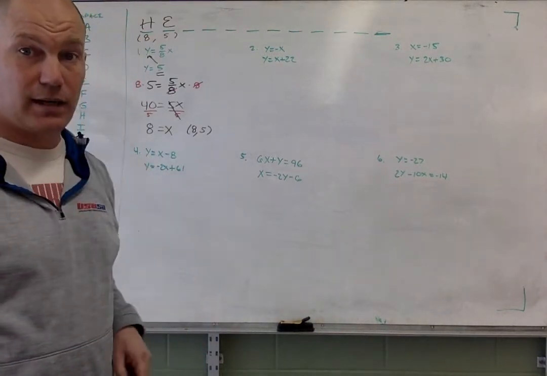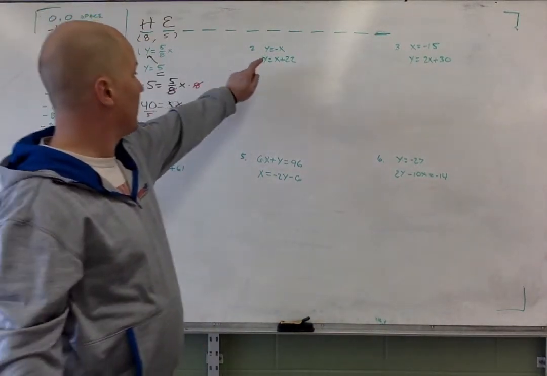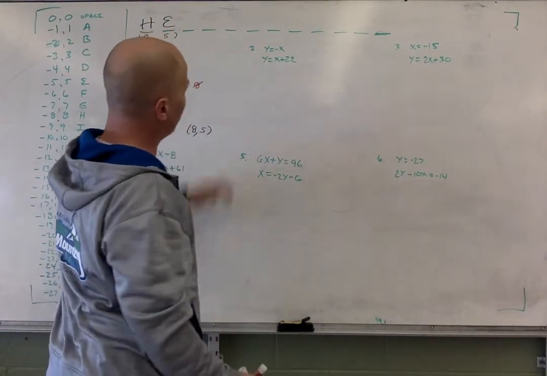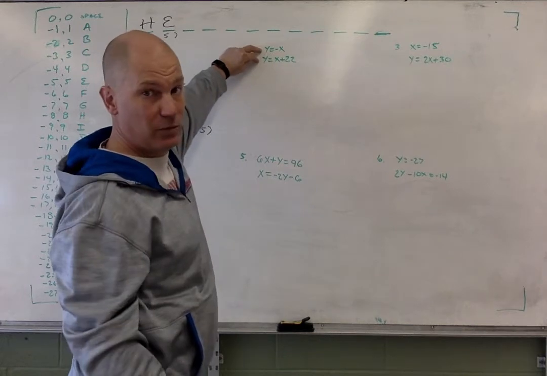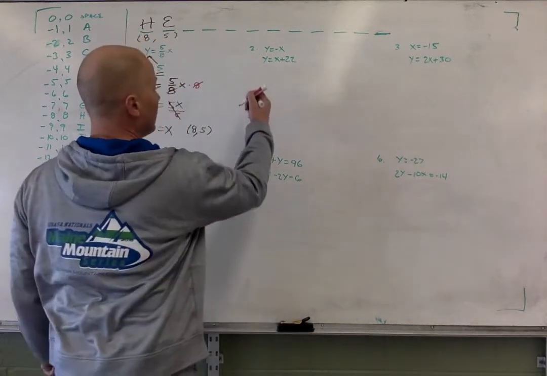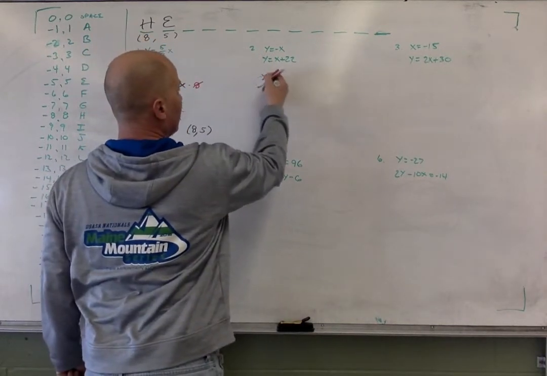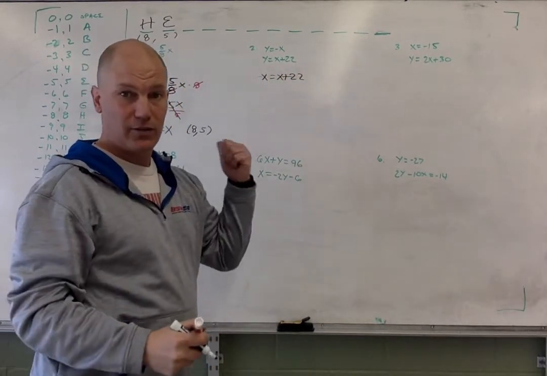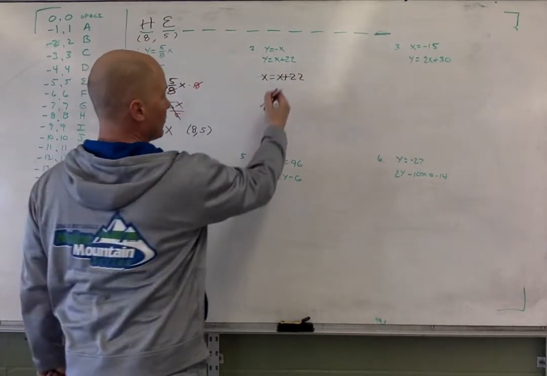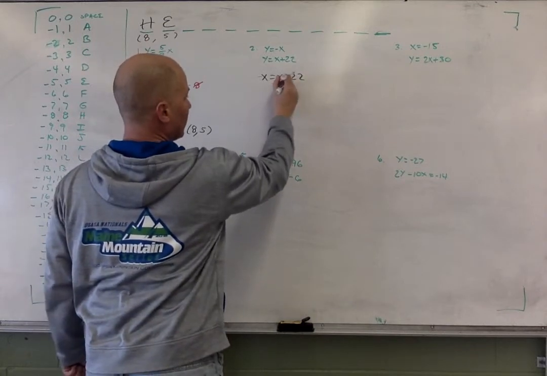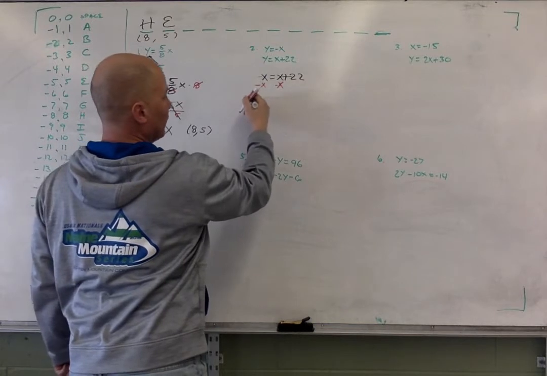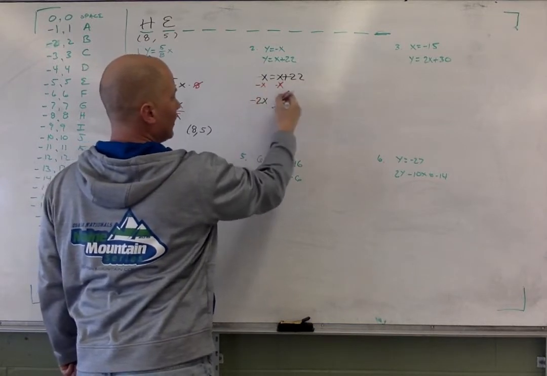So now it's time to do the next one. So we have this. We have both y's. We don't know any numbers, so we'll just set these two equations equal to each other because they both equal y. So we'll do -x equals x plus 22. We need to move all the x's to one side and the numbers to the other, so I'm going to subtract x from both sides. -x minus x is -2x.